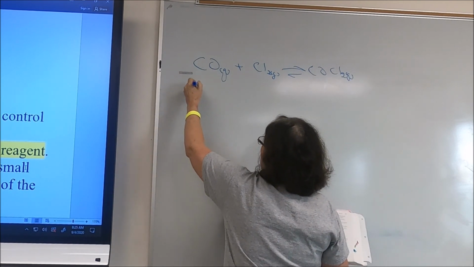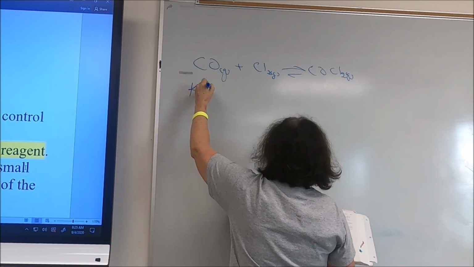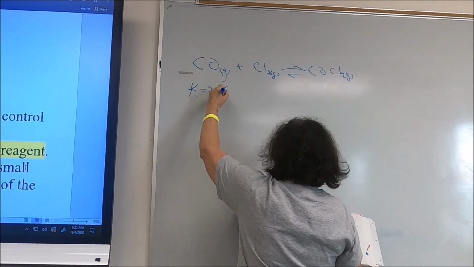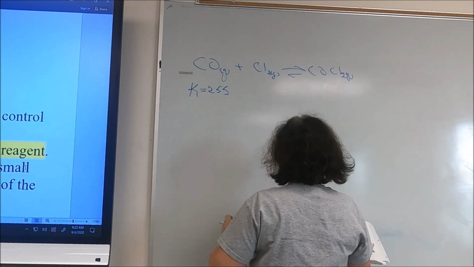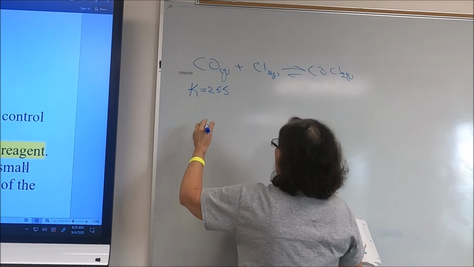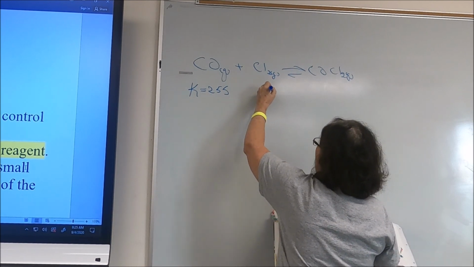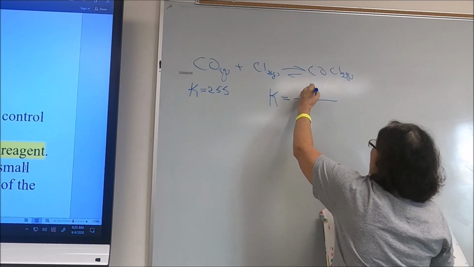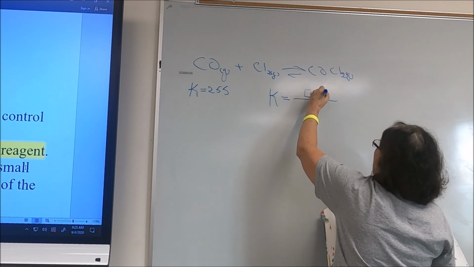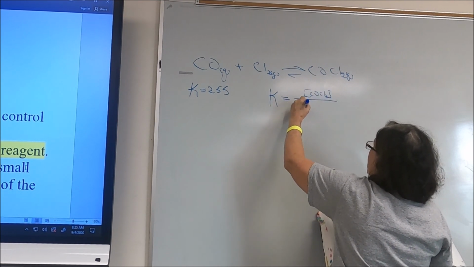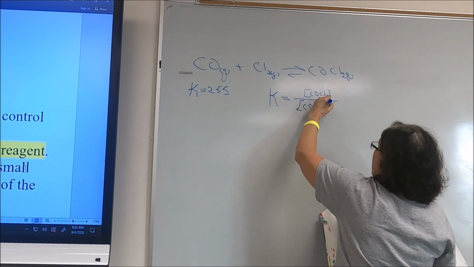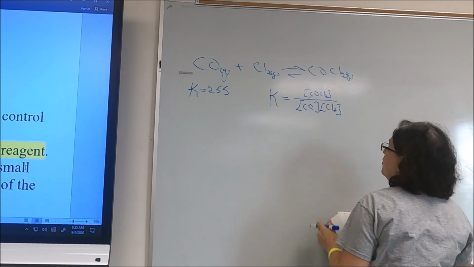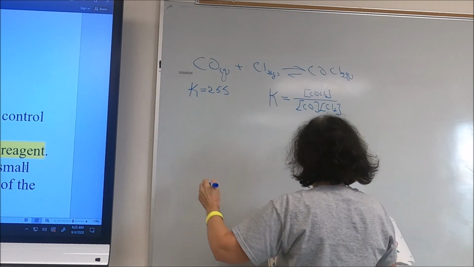And it says the value of K is 255. And so I'm going to write my equilibrium expression here, which is the concentration of carbon monoxide dichloride over the concentration of carbon monoxide times the concentration of chlorine.